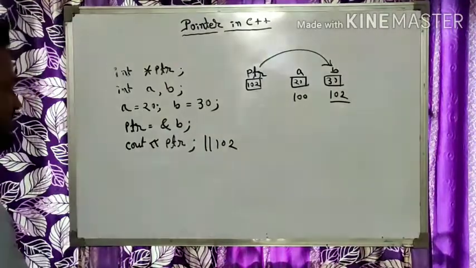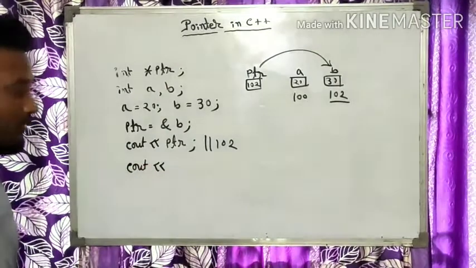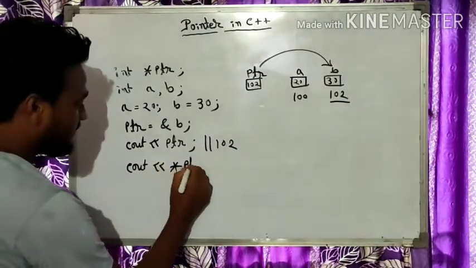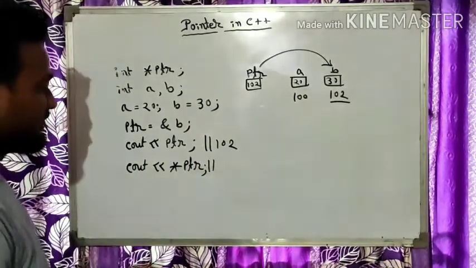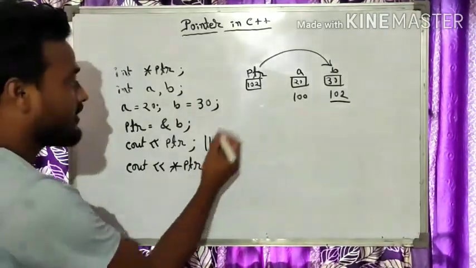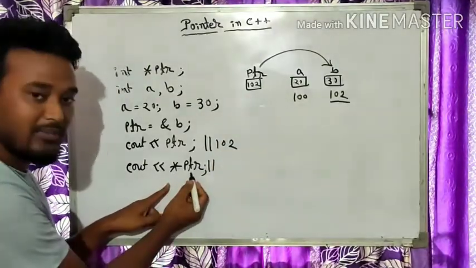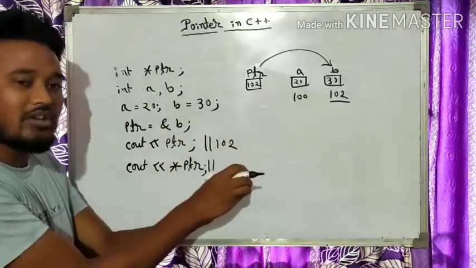Another example: suppose we write cout asterisk ptr. What will this statement display? This is dereferencing the pointer variable ptr. Dereferencing means accessing the actual value.